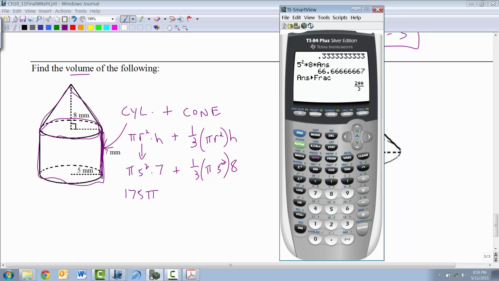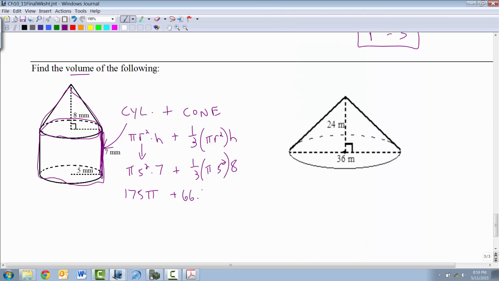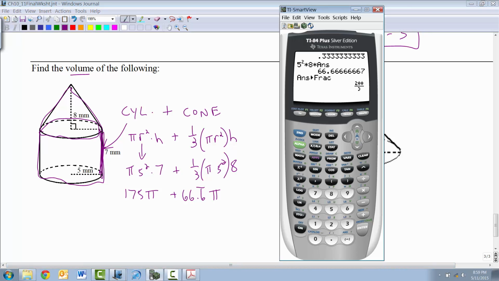It's kind of getting ugly here, but I'm just going to leave it at 66.6 repeating, because you're not probably going to get something where you have to write the exact. That looks kind of like this kind of question. But to get the approximate, I just take plus 175, really getting into a pickle here. Okay, and then times that by pi.